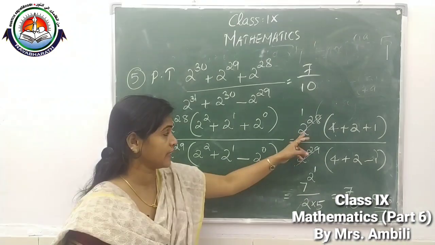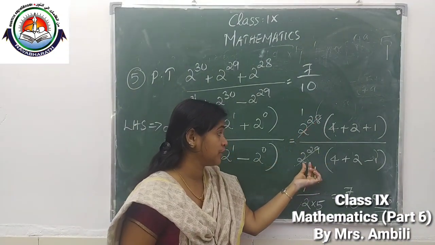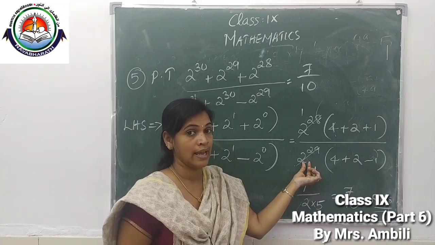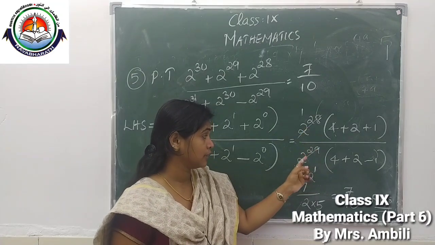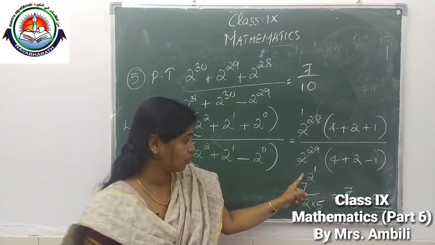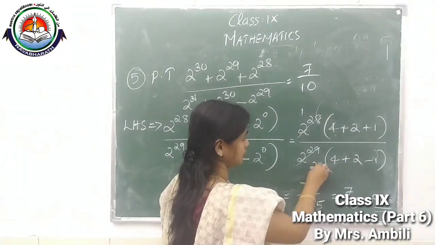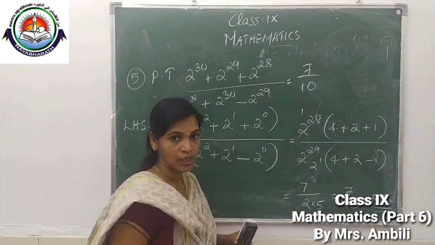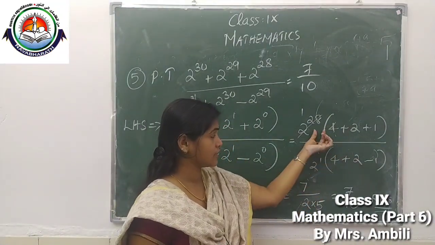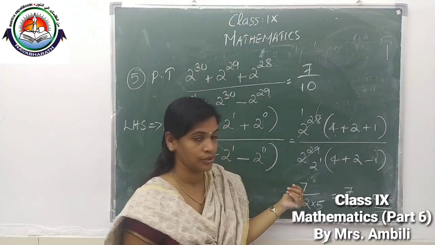So here you look, 2^28 by 2^29. We can cancel. If we cancel 2^28 from 2^29, only 1 2 is remaining. That I wrote here 2, that is this 2. 1 2 is remaining, 2^1. Here inside the bracket, here it is 1. Here 4 plus 2, 6, plus 1, 7 I wrote.